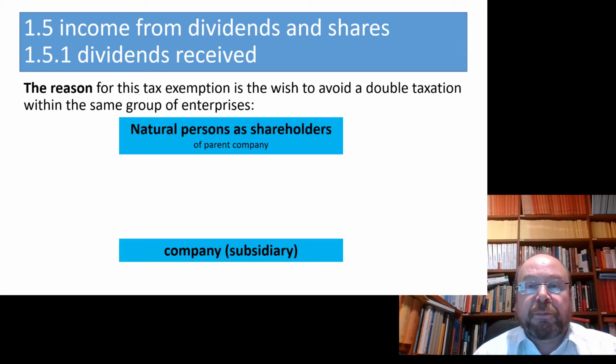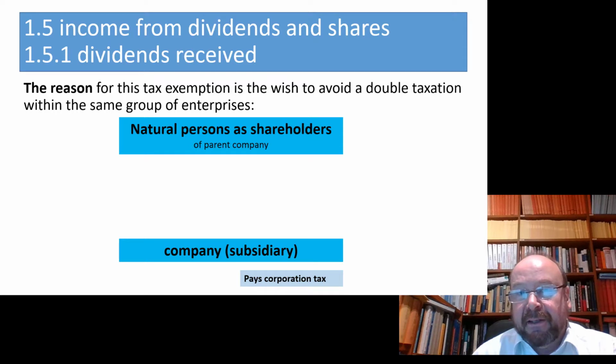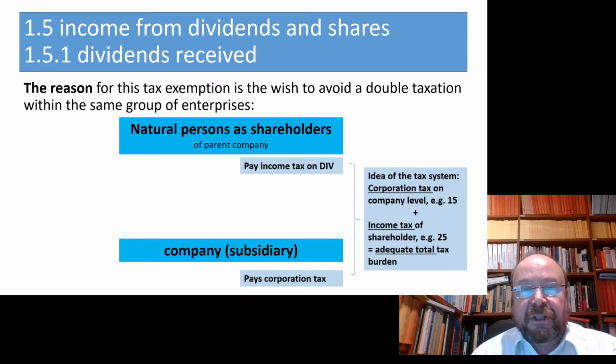Then we have natural persons somewhere at the top of the whole organization being shareholders of the parent company, and we have the lower company paying corporation tax and the final shareholders paying income tax on their dividends. And if you add these two taxes up, then you have corporation tax at the bottom, approximately, let's say 15. And you have income tax of the shareholder might be 25.